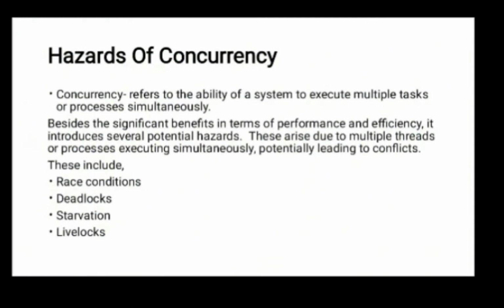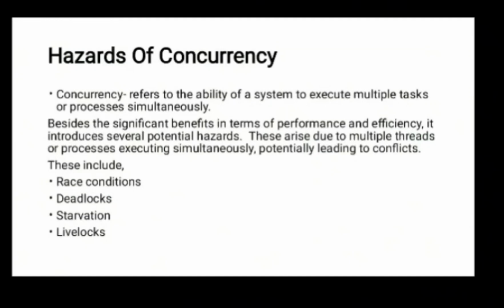So besides the benefits of concurrency, it also gives rise to certain conditions that make performance degrade. These hazards arise due to multiple threads or processes executing simultaneously, leading to different conflicts. So these are the different hazards that occur during concurrency.